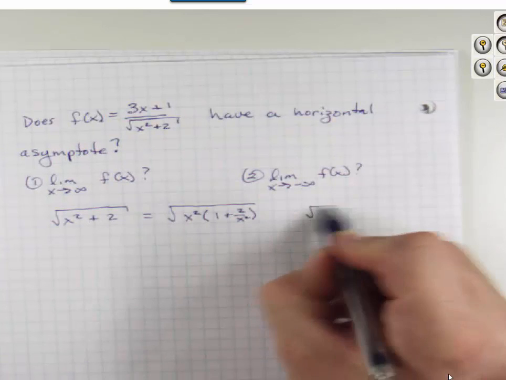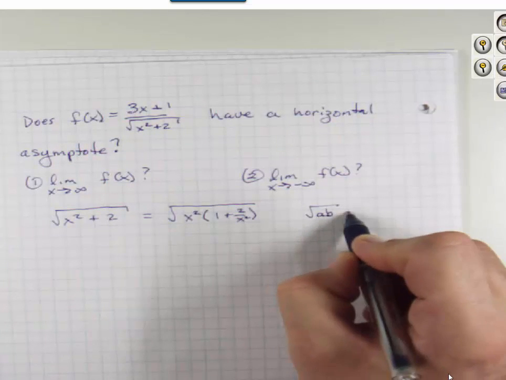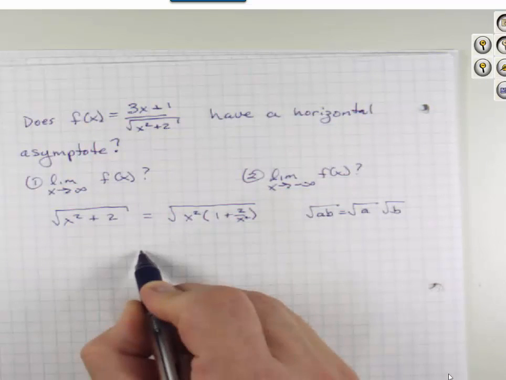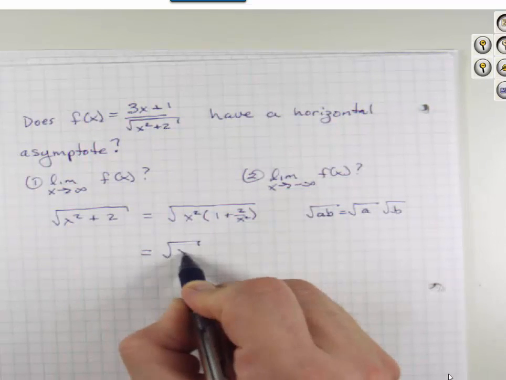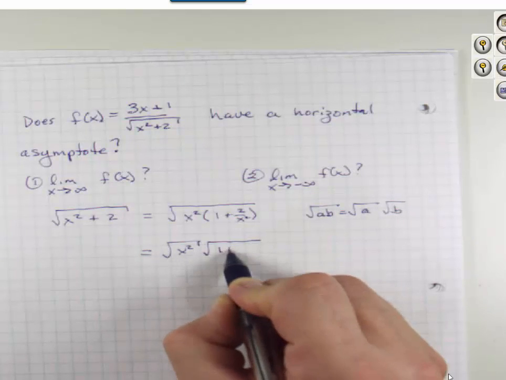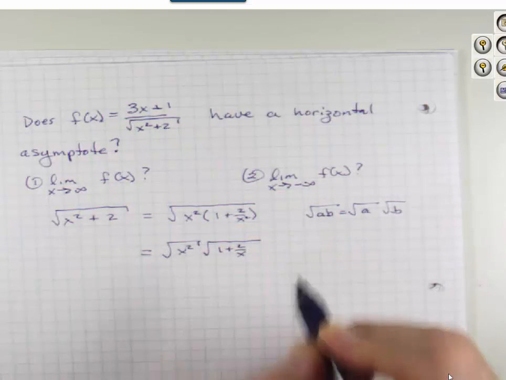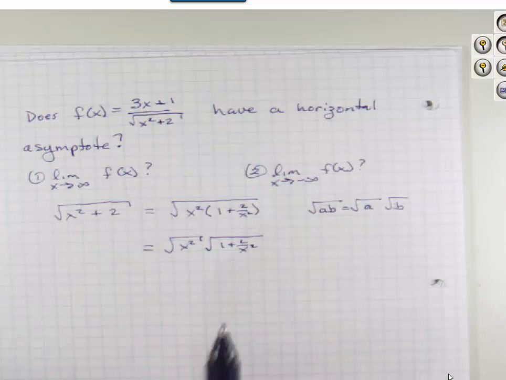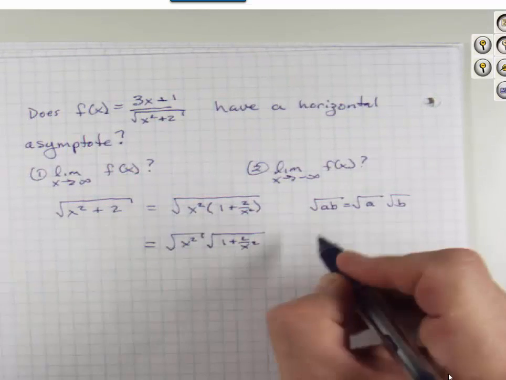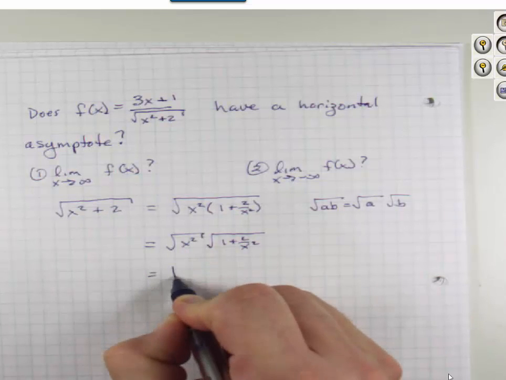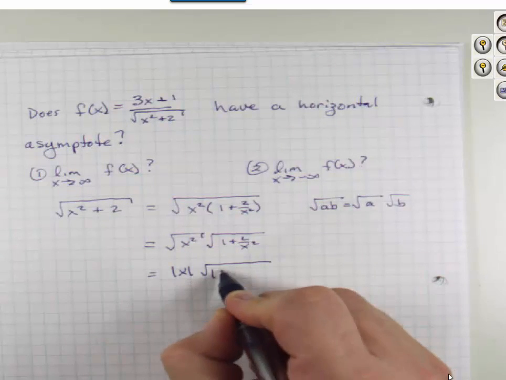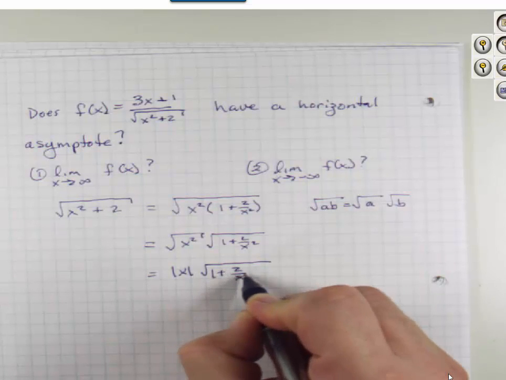Now from Algebra 1 and geometry, the square root of a product is the product of the roots. And I bring it to this. Now, I'm doing both of these at once. So the square root of x squared will be the absolute value of x.